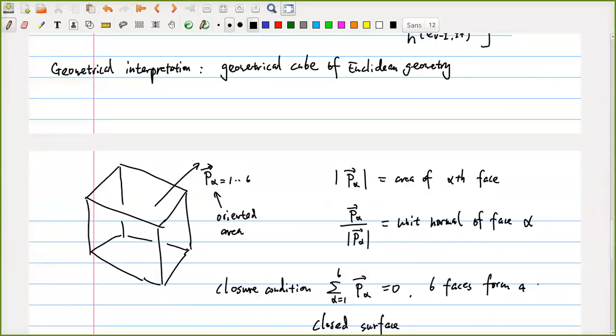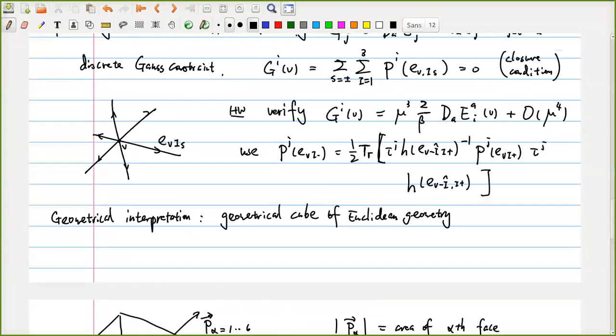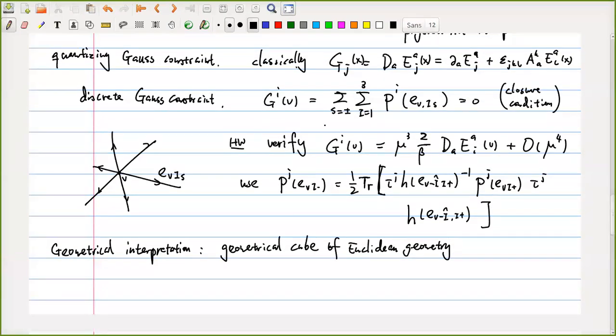So now we can come back to our closure condition. Here the Gauss constraint is just the closure condition.